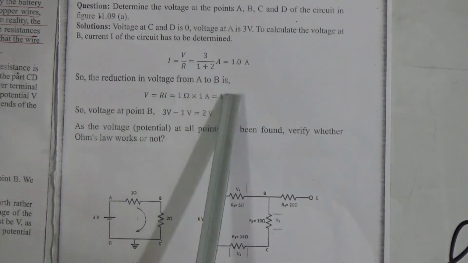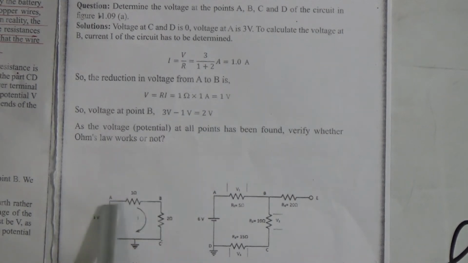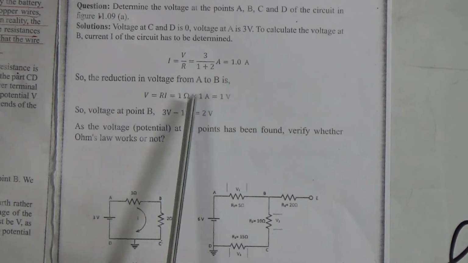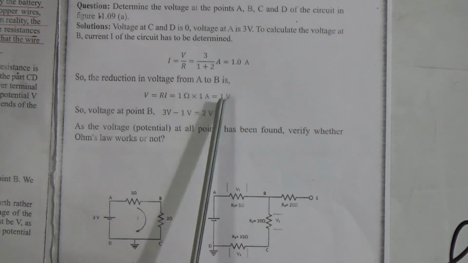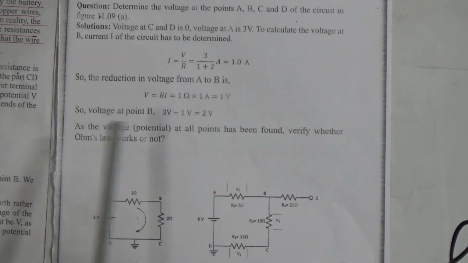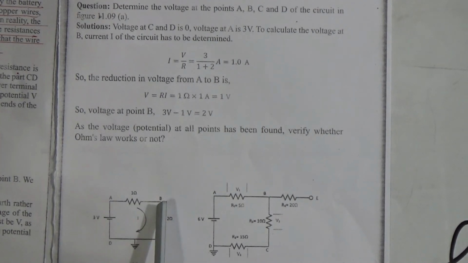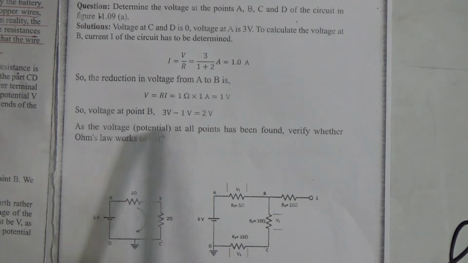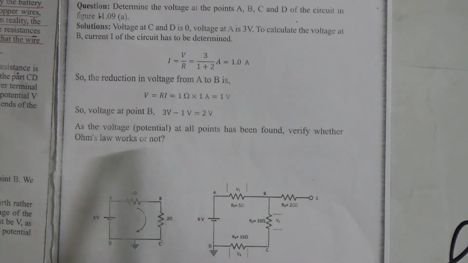So the reduction of voltage from A to B is V equals IR, that is R given here as 1 ohm into I, which is 1, so the voltage drop will be 1 volt. So the voltage at point B is 3 volt minus 1 volt, that is 2 volt. So all the voltages at the points have been found, and we can verify whether Ohm's law works or not.